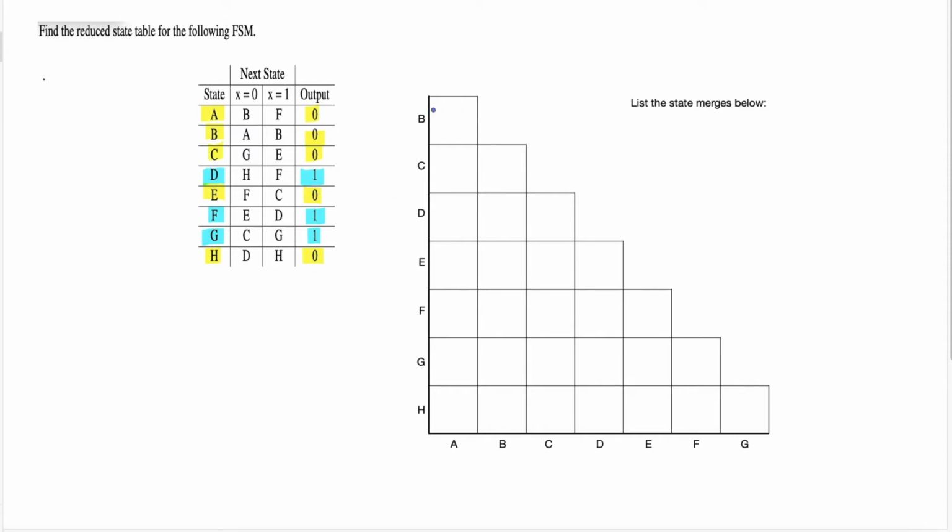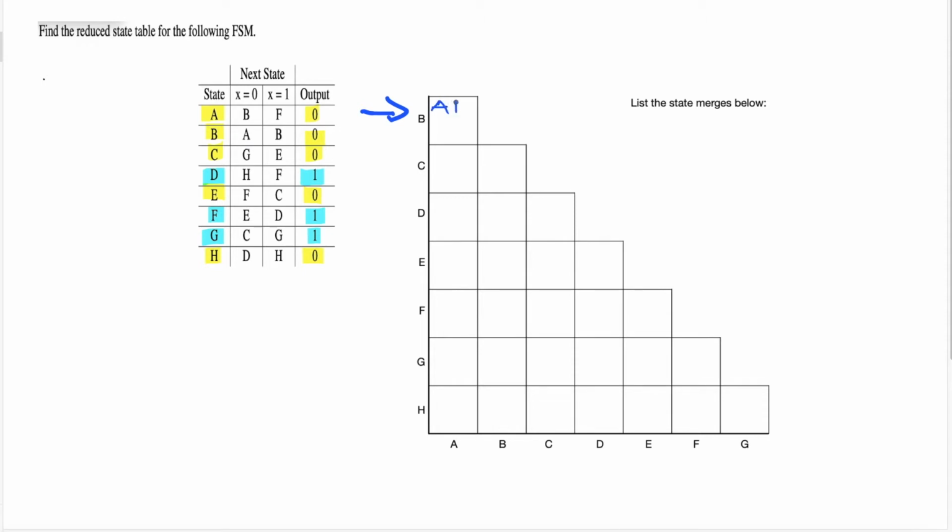We're going to start off with B over here, and we're going to see if B and A are the same. B is 0, right? And A is 0. So we know that they're both highlighted by the same color, so they're the same. So in this circle, at B, we're going to write down B's next state values at the top. For B, we have A and B over here, so we're going to write A and B at the top.